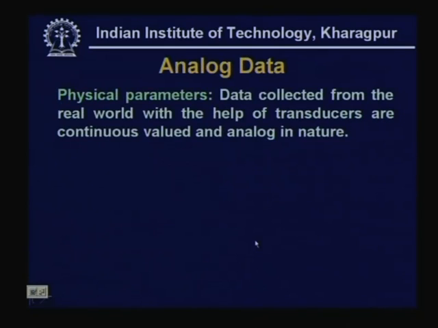Now, let us consider the third type of analog data, that is physical parameters. Physical parameters are essentially various parameters that we encounter in the environment. The world that we belong to is in the analog domain.